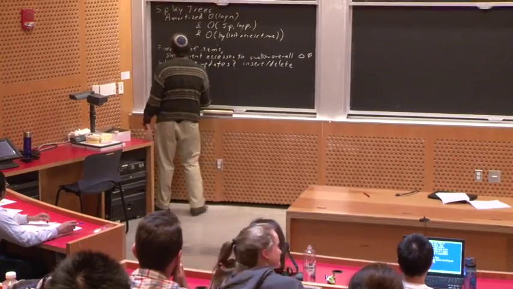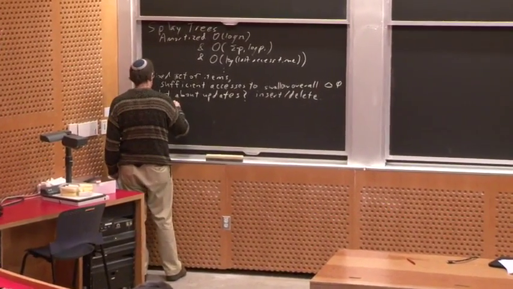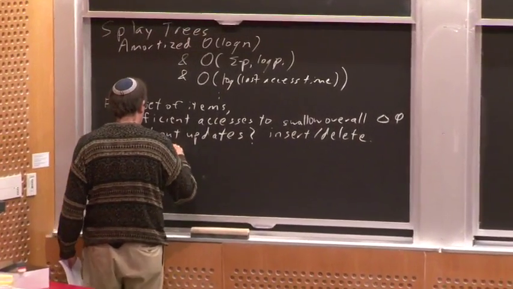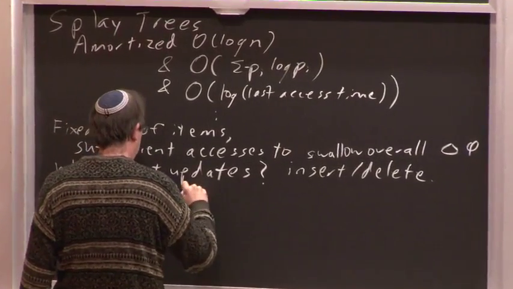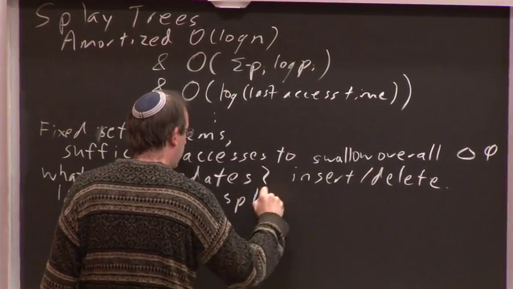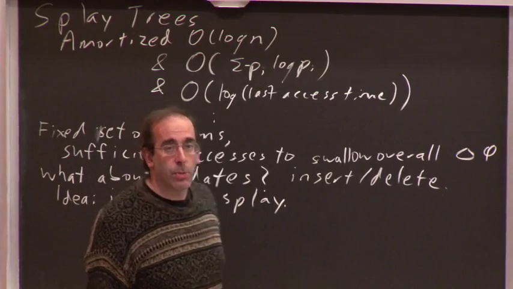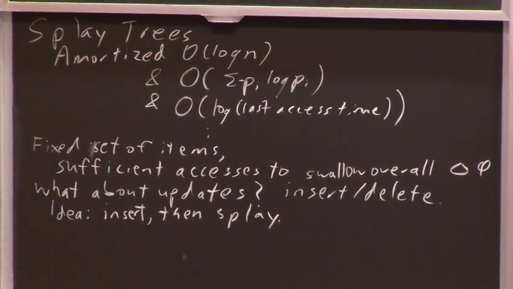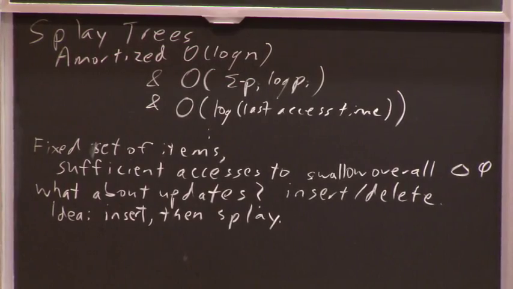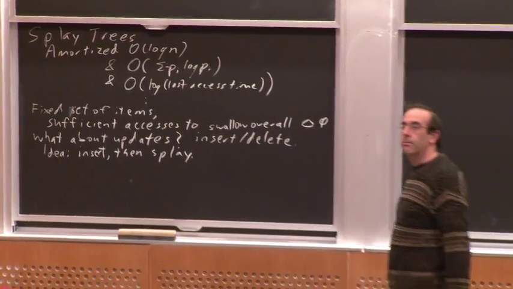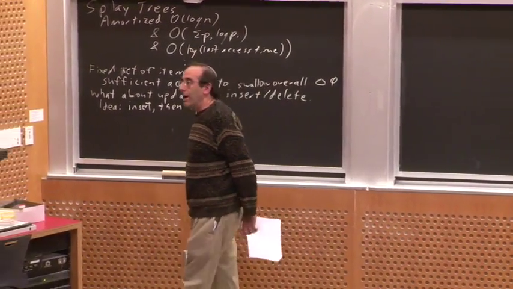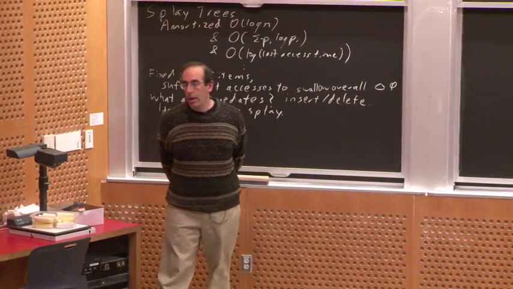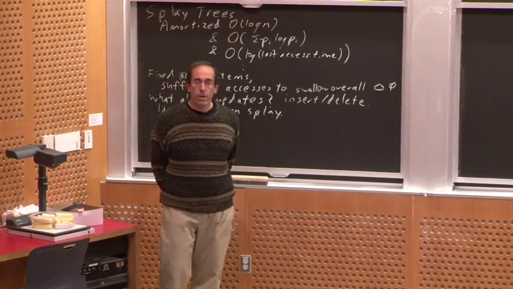So an idea would be insert, then splay. It seems plausible. Just to think it through, what if we inserted and didn't splay? Would that lead to a good data structure, good algorithms?